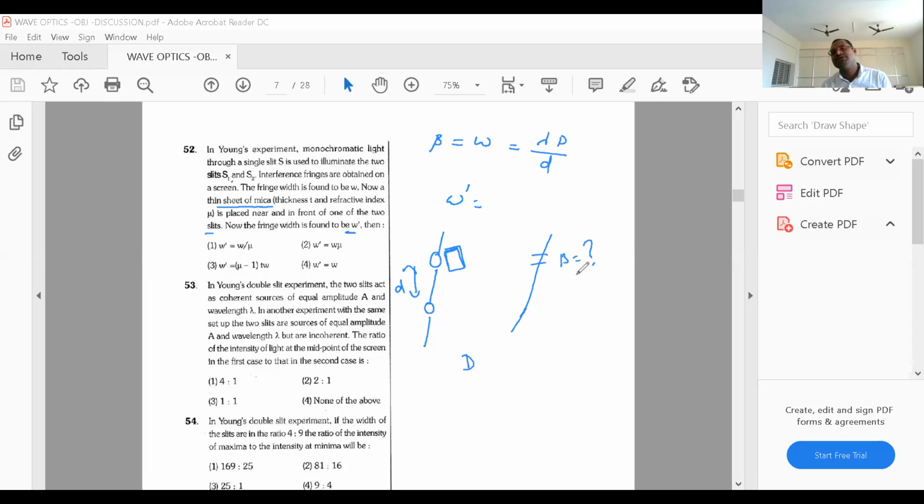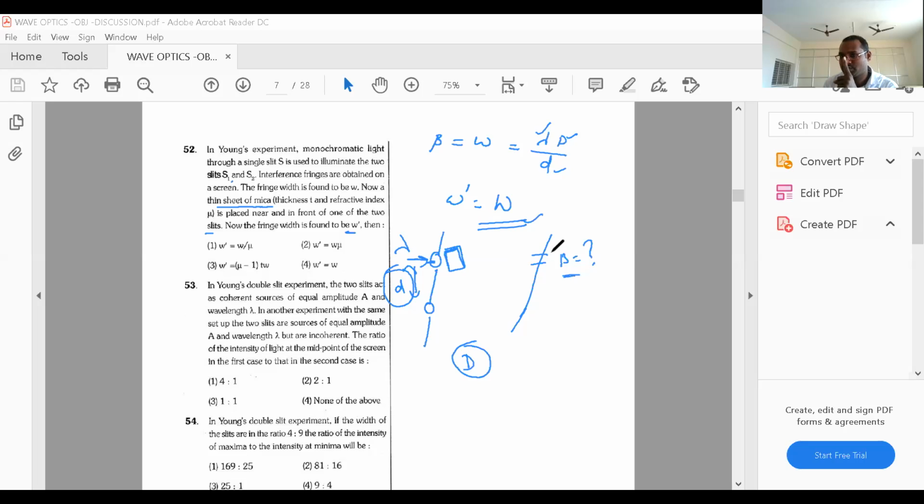See, fringe width depends upon lambda, capital D, and small d. In this experiment we are not changing capital D, small d, or the wavelength of light incident on the slits. Due to that, fringe width will not change.